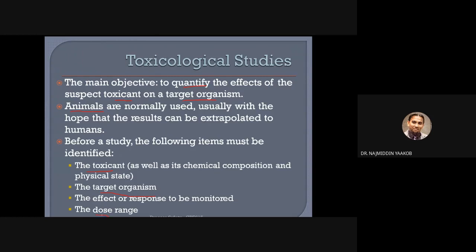Next, the dose range, the variables, which means you might be testing at different doses. And also the period of testing, how long you want to monitor the study. So these are the main items that need to be identified before a toxicological study is conducted.